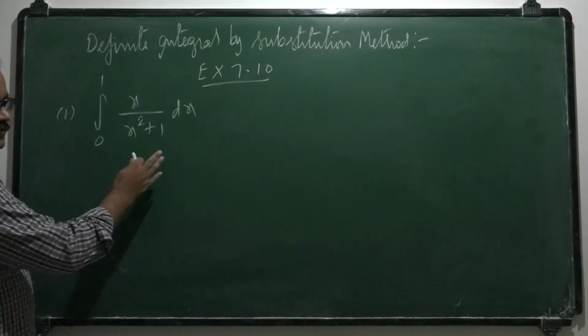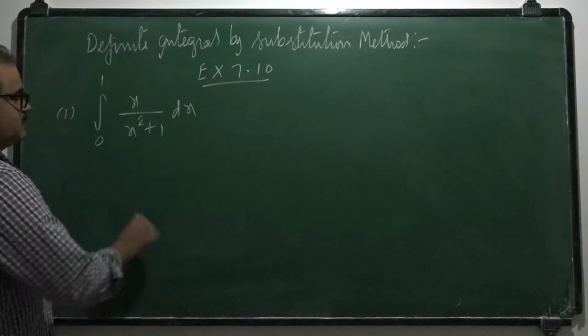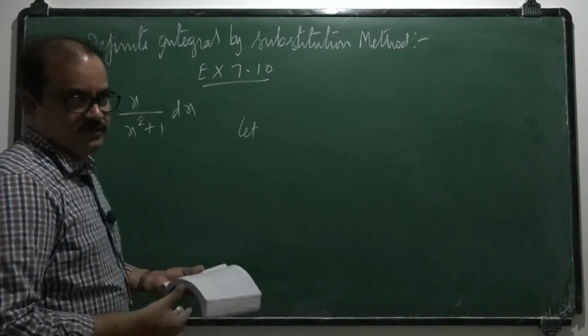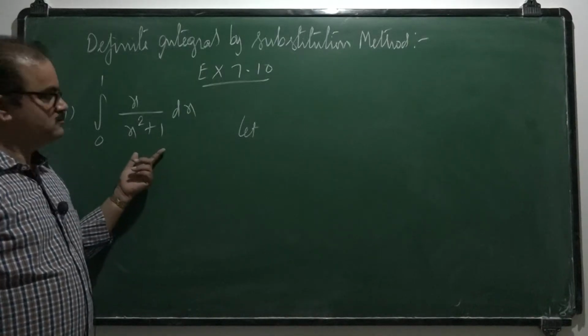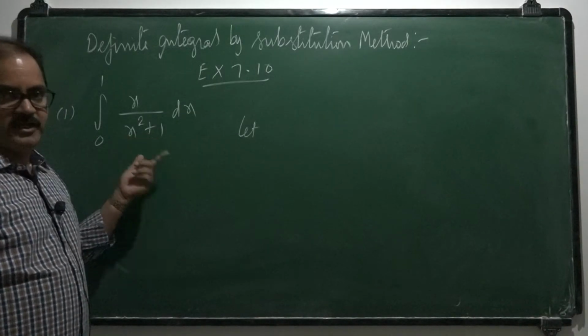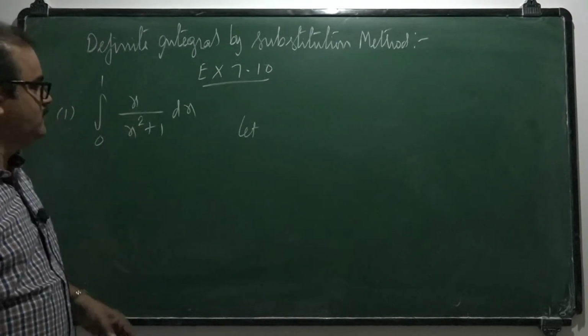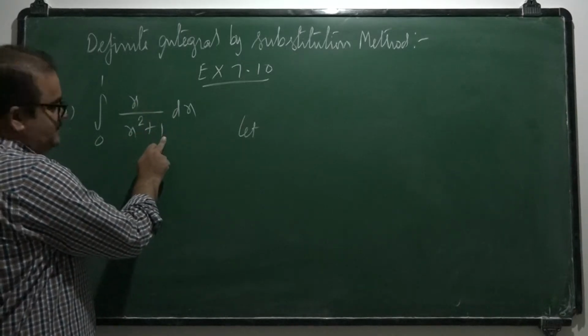Generally, there are two methods to evaluate this by substitution. Generally in integration we discuss which is taken as t from the given problem, then its derivative must be in the problem. There are two functions x and x square plus 1.